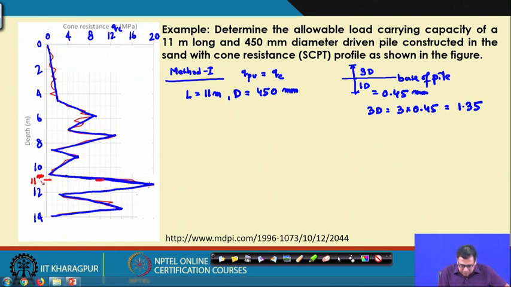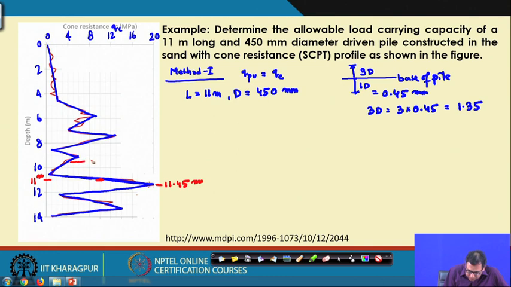So, the QC from up to 0.45 meter below is here, this is 11.45 meter, and 1.35 meter above means 9.65, which is somewhere here.